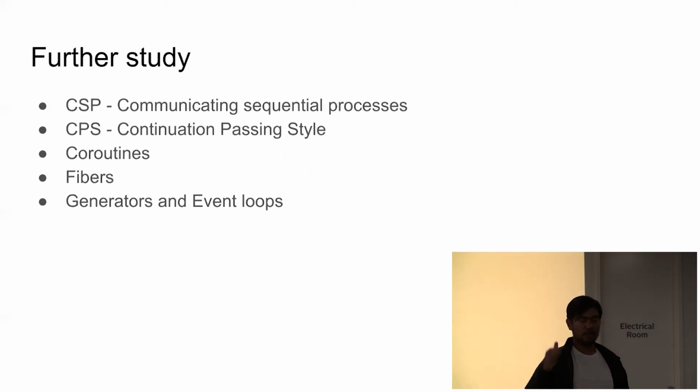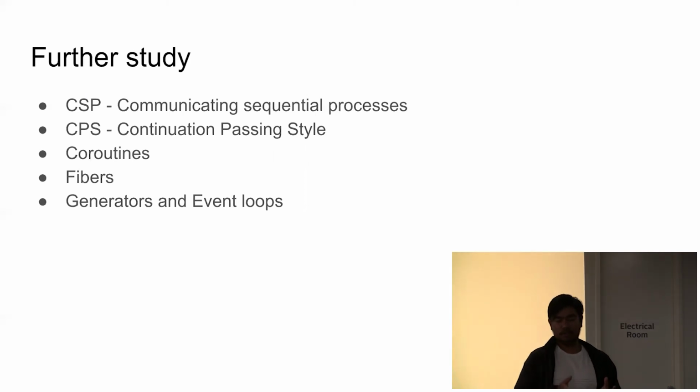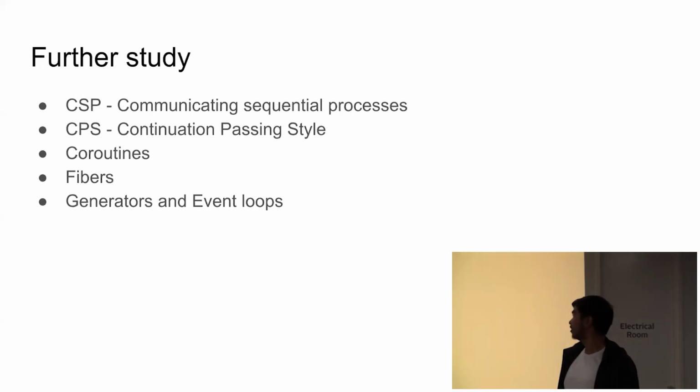When you think back to what I said about context, whenever you're interleaving, there needs to be some context there. So that's CPS for you, and then you also have coroutines and fibers. These are topics for further study.